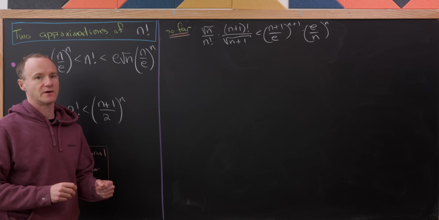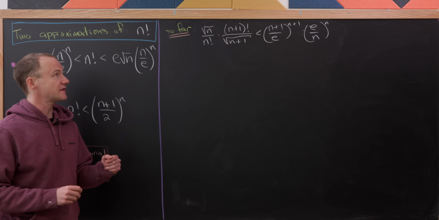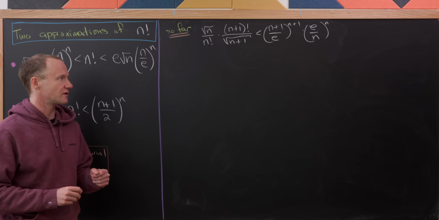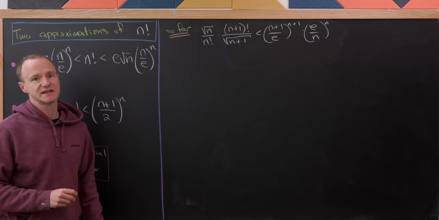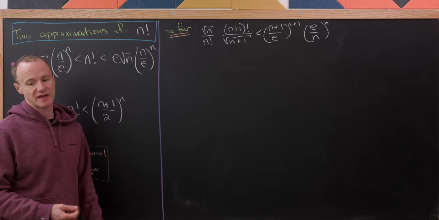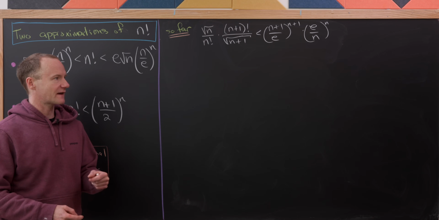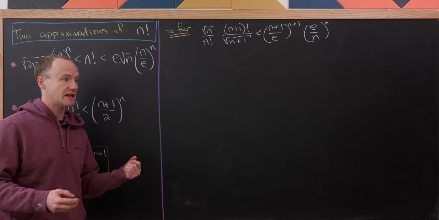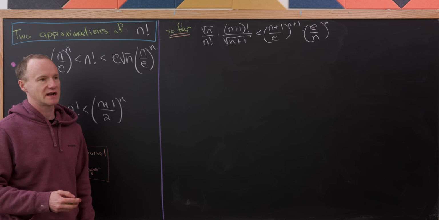So here's where we are so far. And I'd like to take a look at this inequality and observe that there are terms inside of this inequality based in n and terms that are based in n plus 1. What I'd like to do is to consolidate each of those types on one side of the inequality.